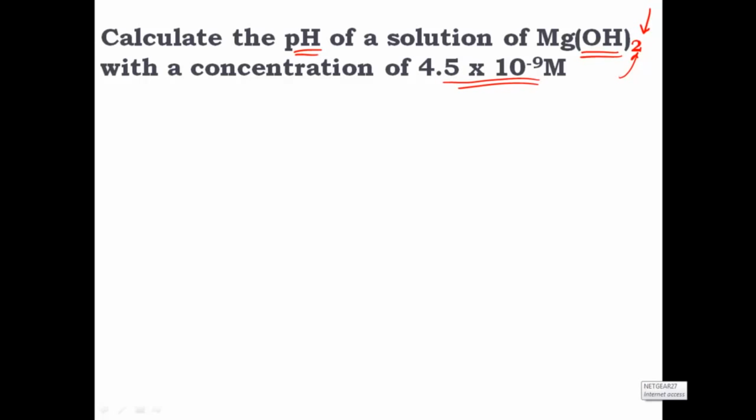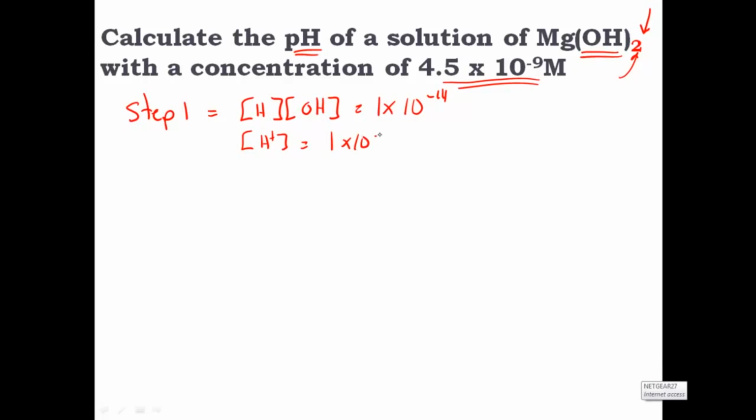Alright, dudes, same way as we always do. Let's use the concentration formula again. Let's plug in our values. H plus is going to be equal to 1 times 10 to the negative 14th divided by, in this case, check this out, dudes, you got to be really careful here.